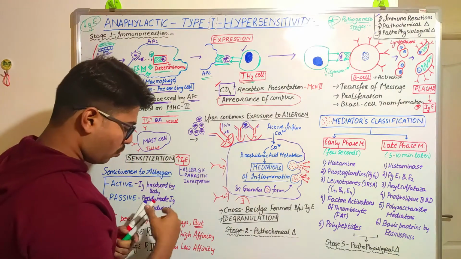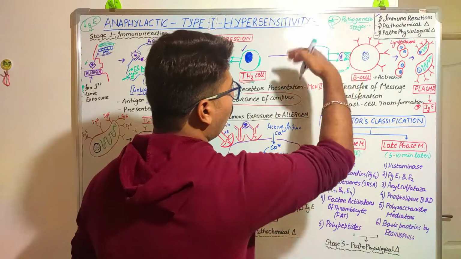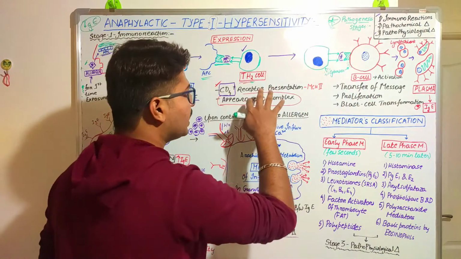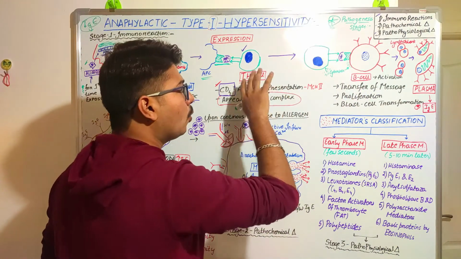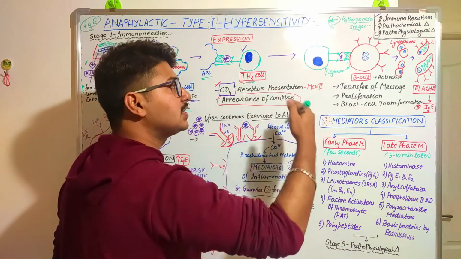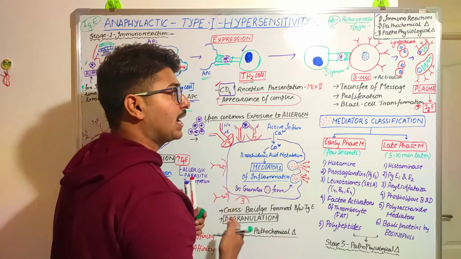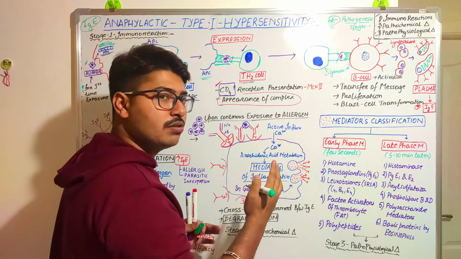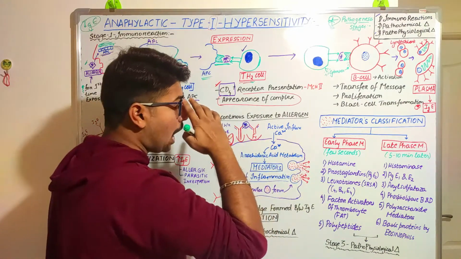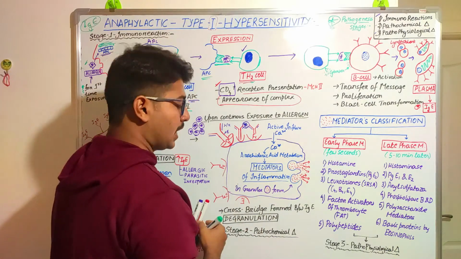Okay, so next, this whole structure, the T lymphocytes or the T helper cell, will also be activating a certain cell. What is that cell? As we read, it will activate the B cell for the process of formation of antibodies. How does it activate?